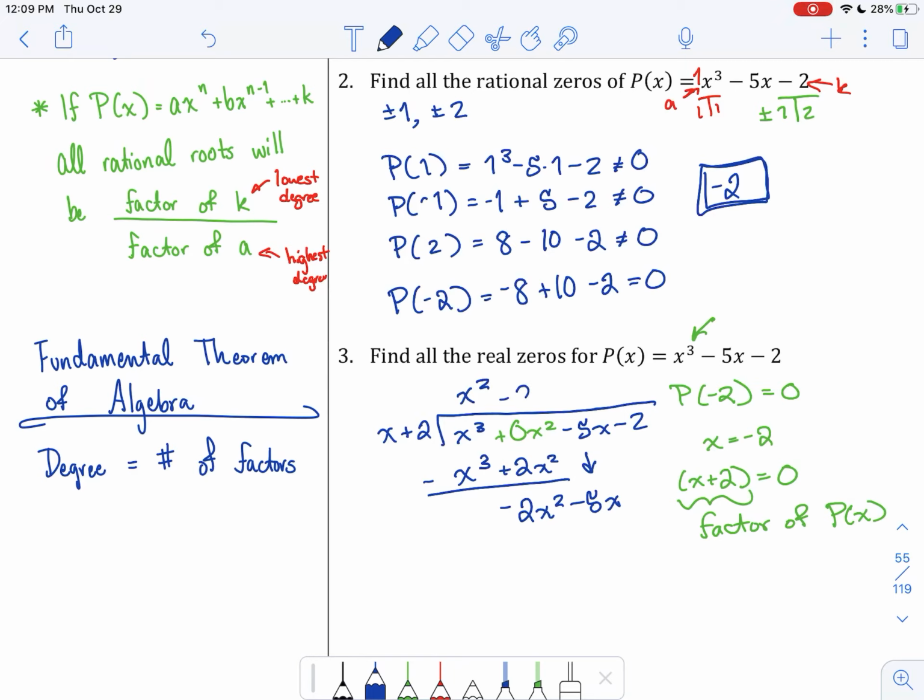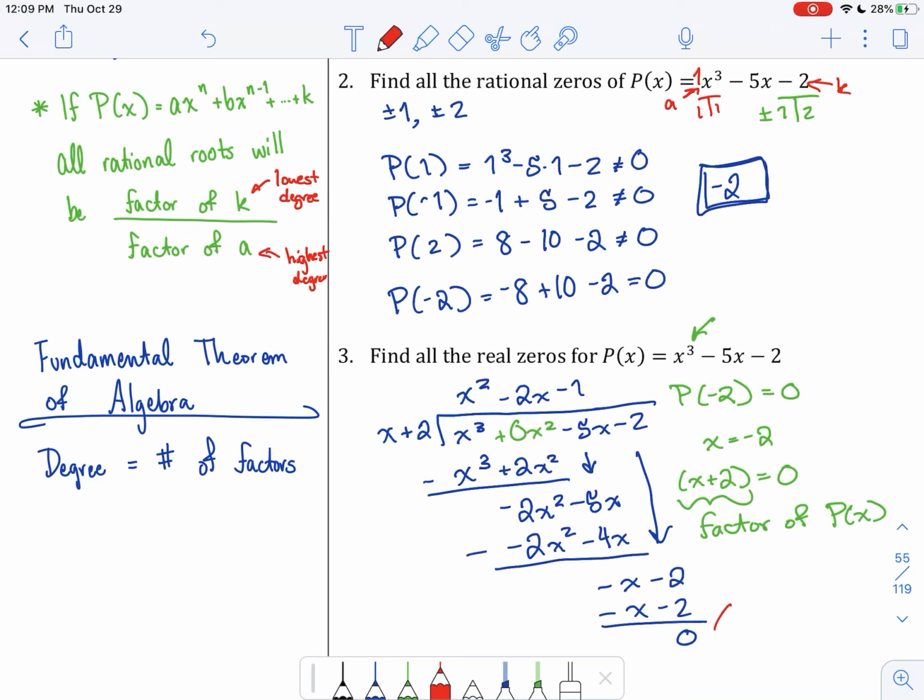X times what is negative 2x squared? It's negative 2x. So that becomes negative 2x squared minus 4x when I multiply that by 2. When I subtract all of those, they become positive. So this is negative x minus 2.